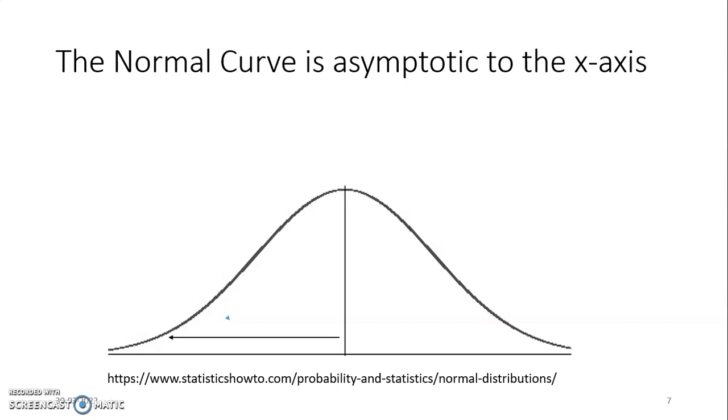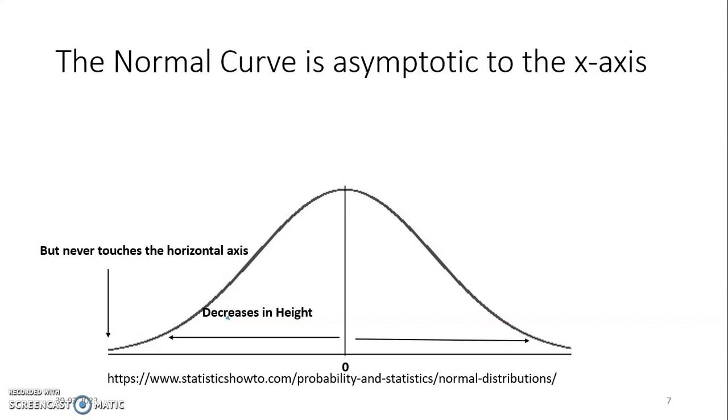The height keeps on decreasing on both sides and goes very close to the x-axis, but it never touches the horizontal axis. From 0 its height keeps decreasing, but never touches the horizontal axis. Towards the right hand side also the height decreases, but never touches the horizontal axis.